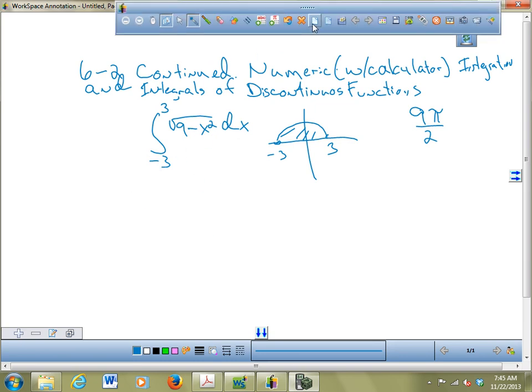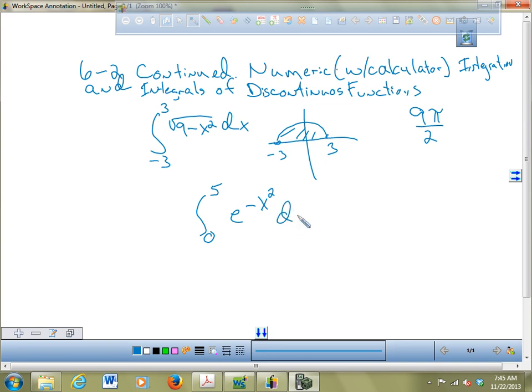Sometimes you'll get functions that aren't as nice as that one to integrate. For instance, you might see the integral from 0 to 5 of e to the negative x squared dx.